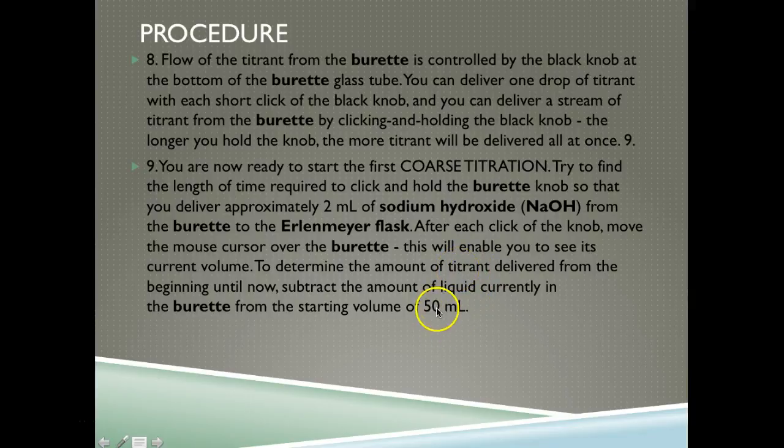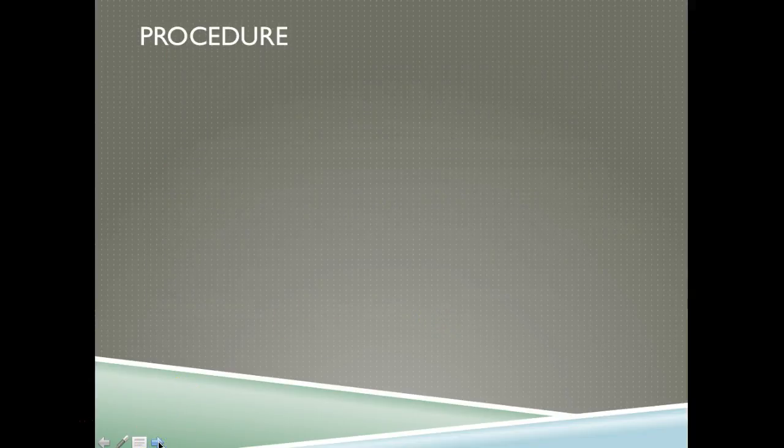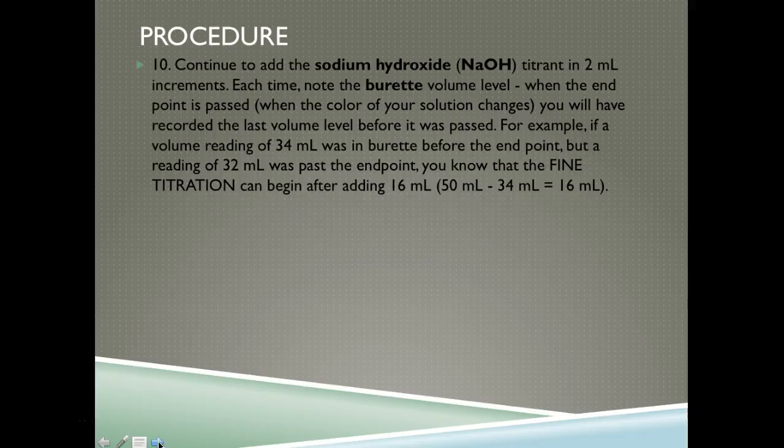So that your starting volume is 50 mL, okay? Remember that. So as you're going down, that volume is coming down in the burette. So literally when you are wanting to know what the final volume of the base that was used, it's like reading upside down, because it's calibrated from 50 to 0 being at the bottom of the burette, okay.